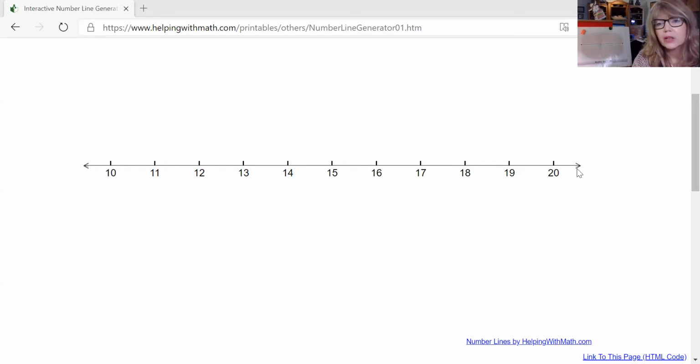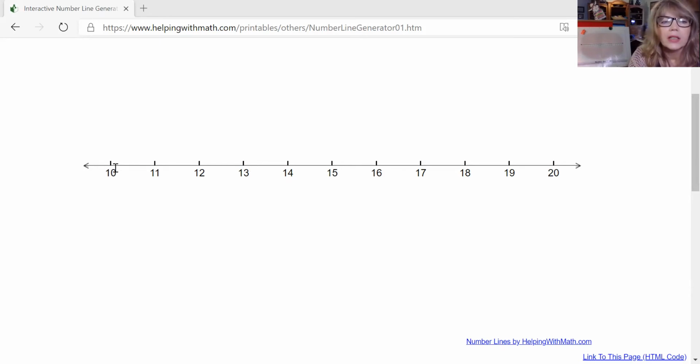There's also an arrow on the other end, and that arrow is going to the right. So we know that there are more numbers after 20. Numbers don't end here. The numbers keep going and getting bigger and bigger after 20. But let's take a look at our number line and see.